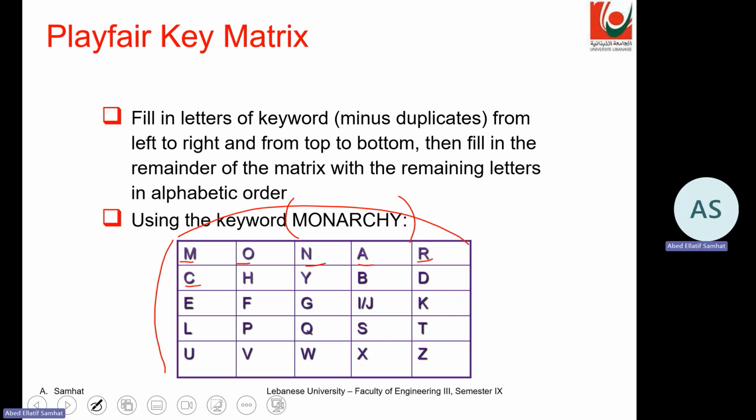After that, we should complete the alphabet in order. A is already there, so we put B. After B, C. C is here, so D, E, F, G, K, L. M is already there, so we skip it.